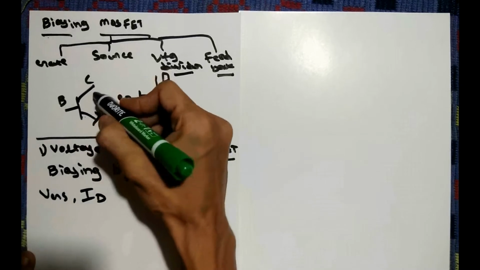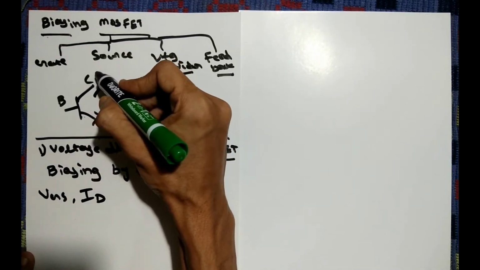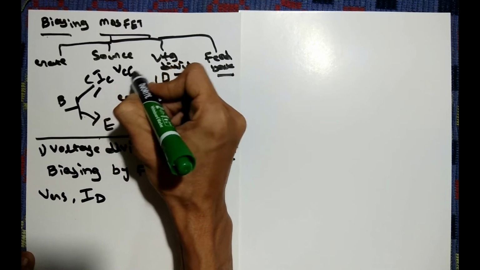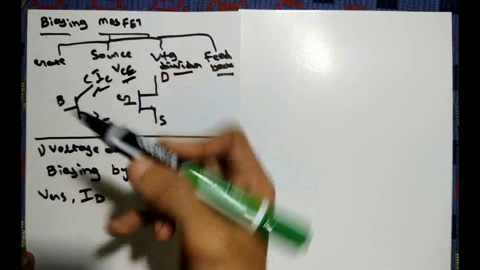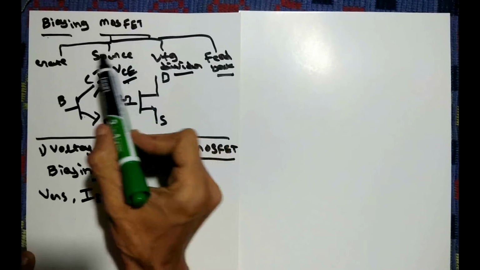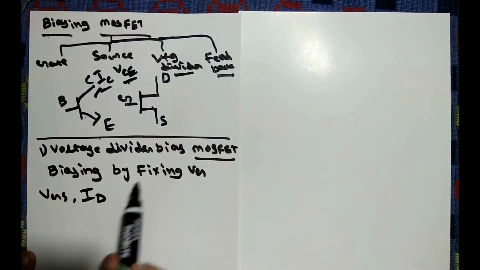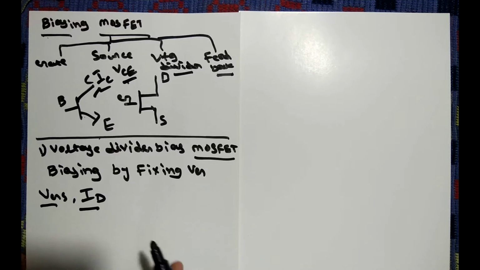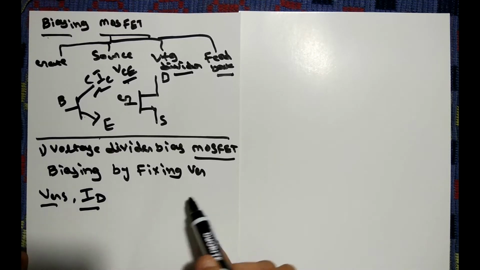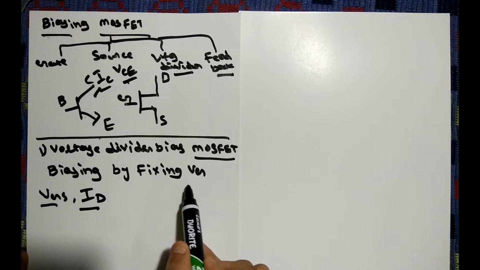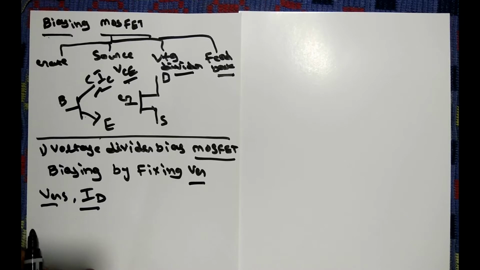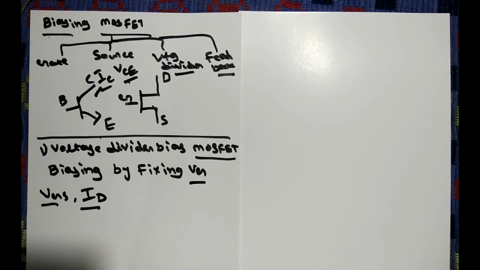In the transistor, we remember the biasing is IC and VCE. Yes or no? The IC current and VCE voltage make the Q point. But in the case of the MOSFET, VGS and ID are our Q point. From this we can fix the biasing. So we use biasing by fixing VG to make a proper Q point and make the MOSFET an amplifier.